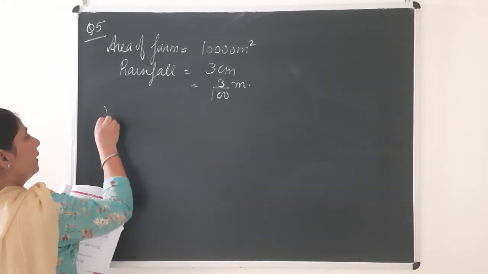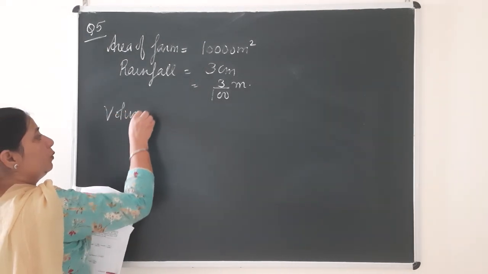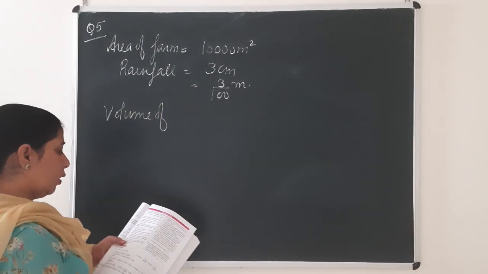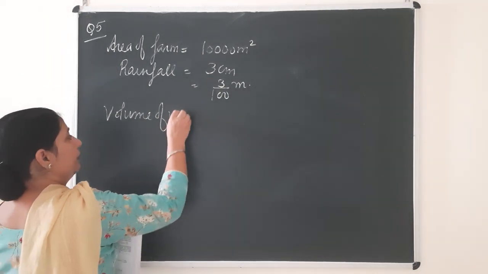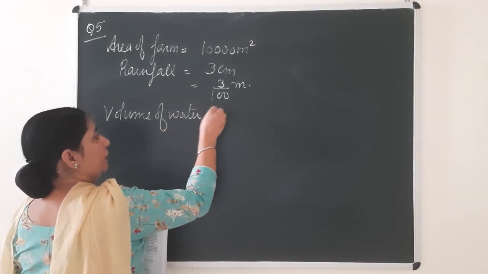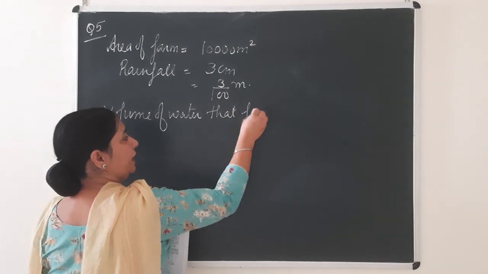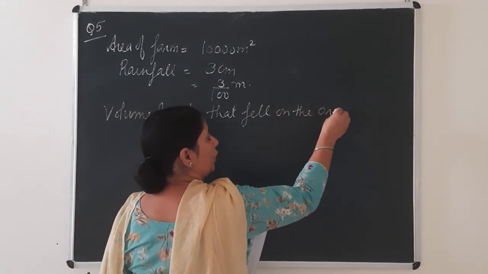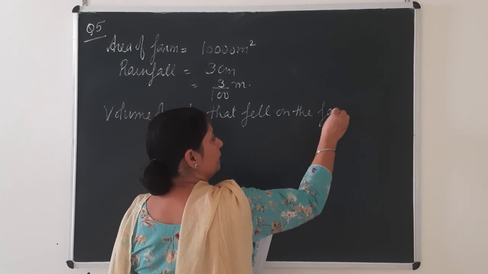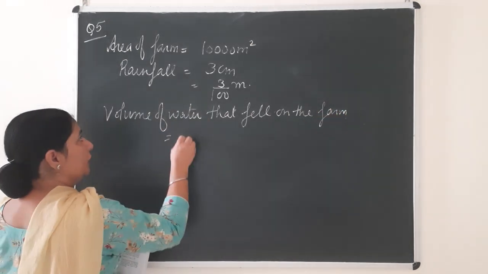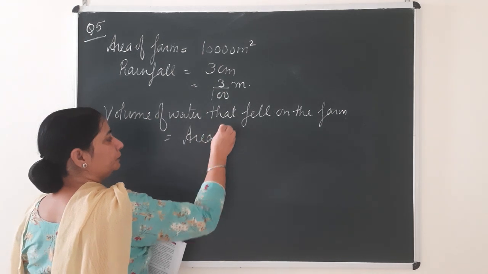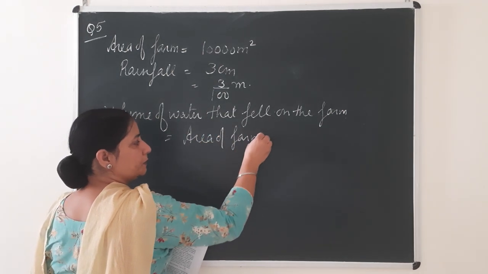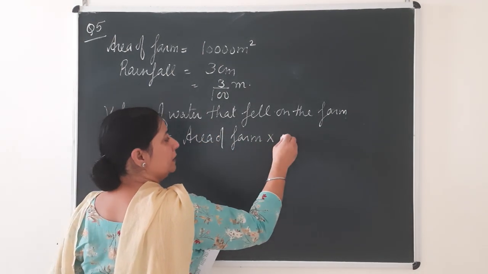Now what do I have to find? I have to find the volume of the water that is collected, the volume of the water that fell on the farm. That will be equal to the area of the farm, which is the base, beta, multiplied by the rainfall.